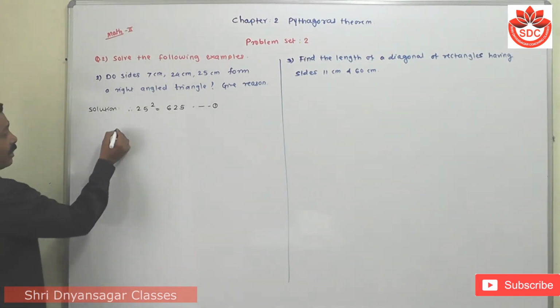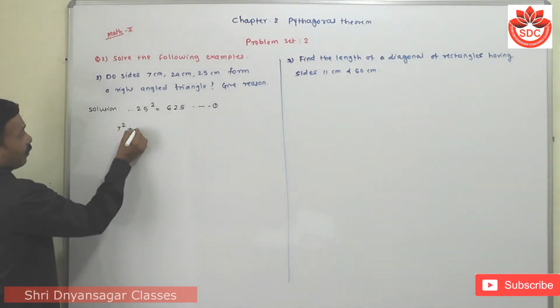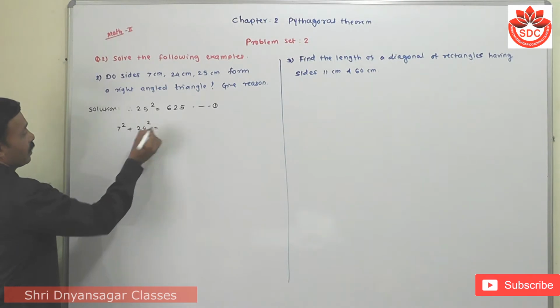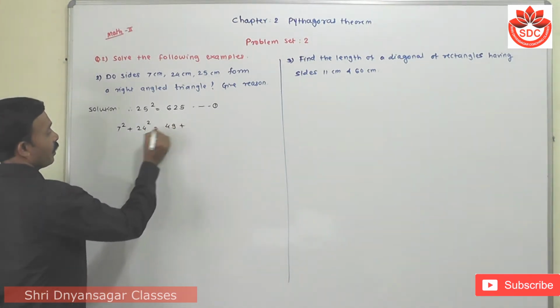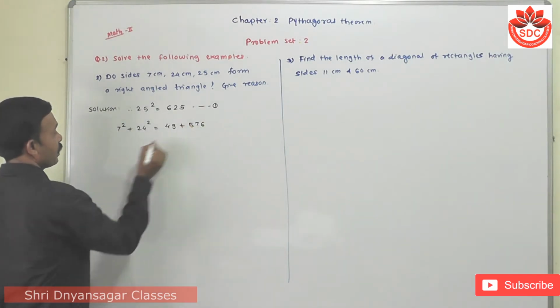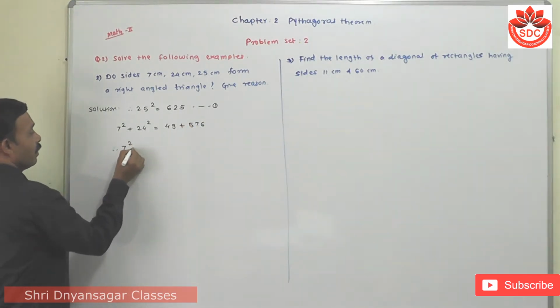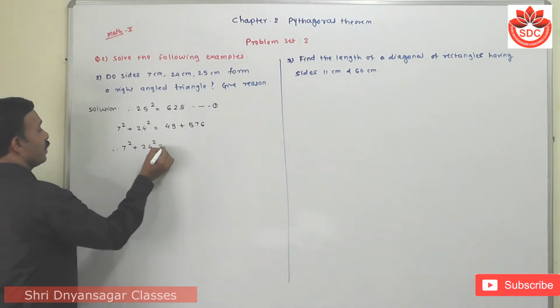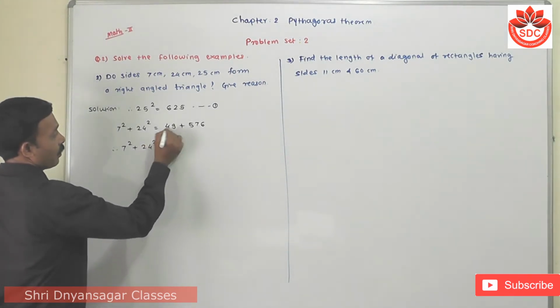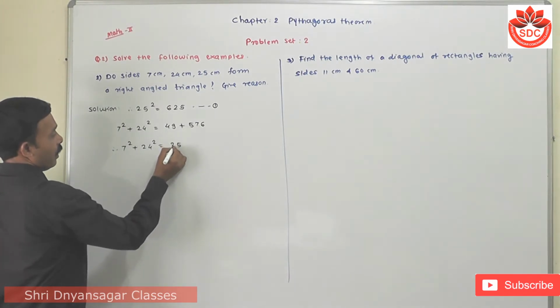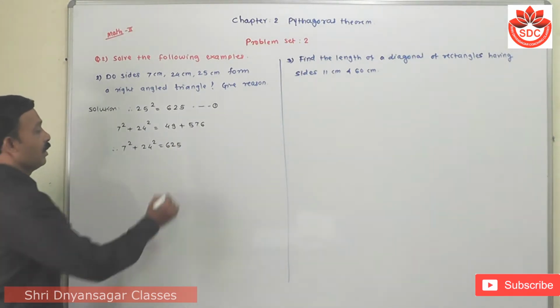Then for the remaining two sides, I directly take 7 squared plus 24 squared, which is 7 squared is 49 plus 24 squared is 576. So 7 squared plus 24 squared is equal to how much? The addition becomes 625.